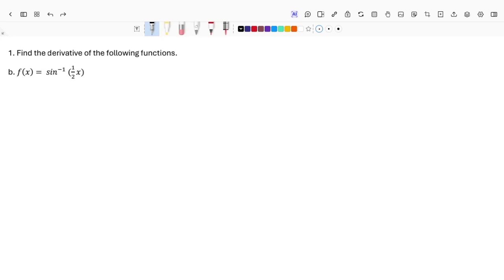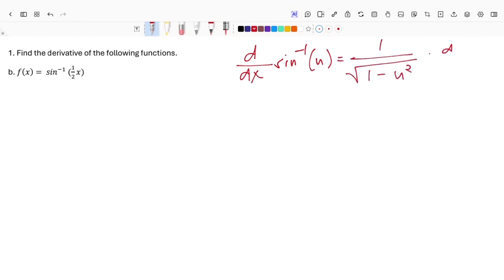which is d over dx of sine inverse u equals 1 over square root of 1 minus u squared, multiplied by du over dx. Here, our u is 1 half x.